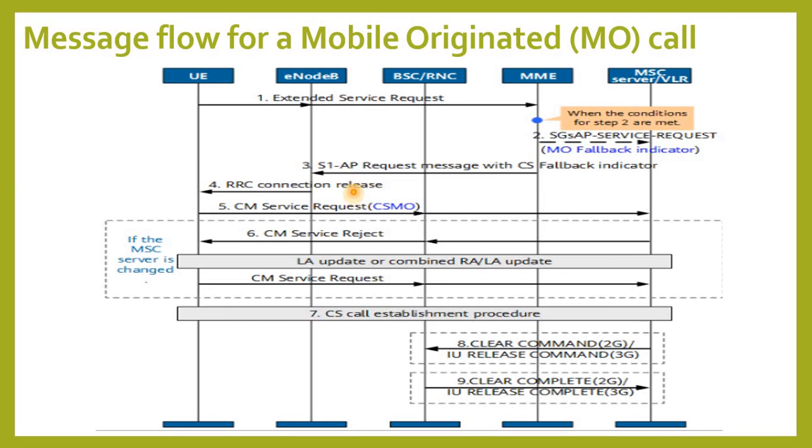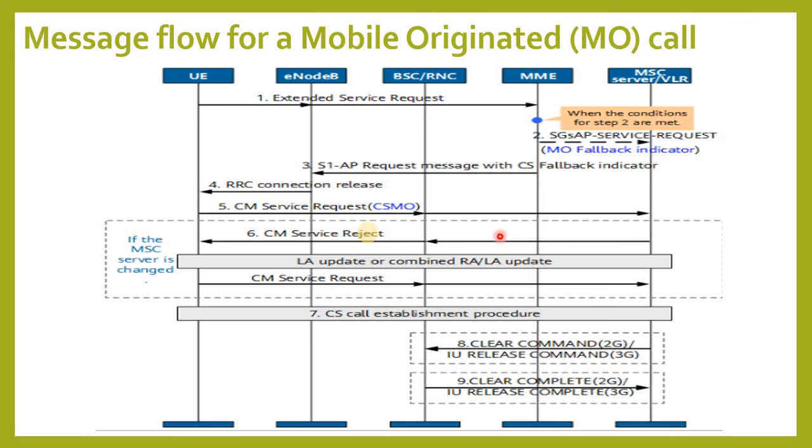Once the MME analyzes this service request, it directs the eNodeB to initiate the fallback mechanism, which the eNodeB, using the RRC connection release message on the air interface, instructs the UE to fall back from the 4G network. Then the UE falls back to the MSC server and initiates the normal process of call.